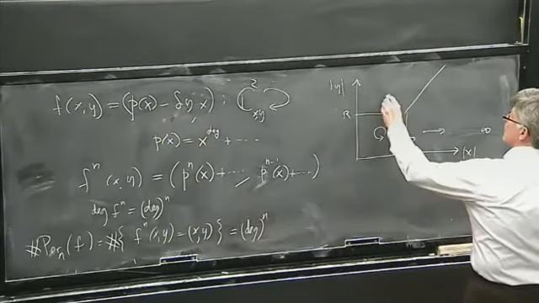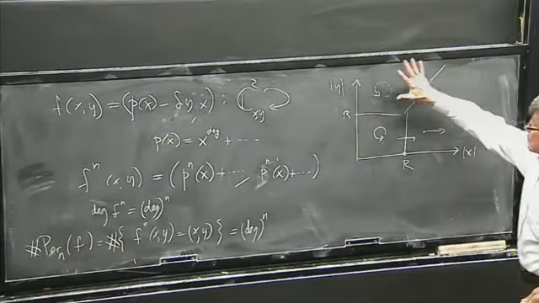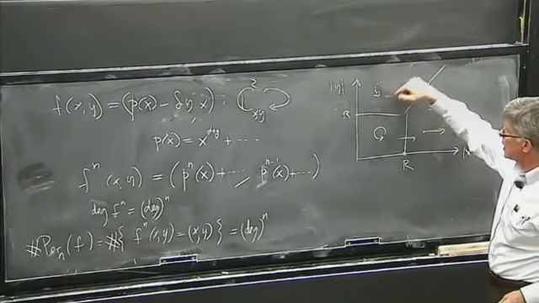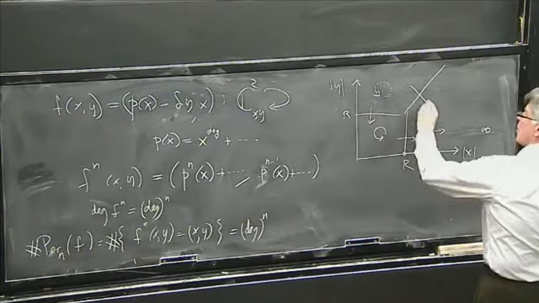However, it can only happen finitely many times. If I'm in this region where modulus of y is bigger than modulus of x, I could stay there finitely many times, but I have to leave. I either come down to this region or go to that region.